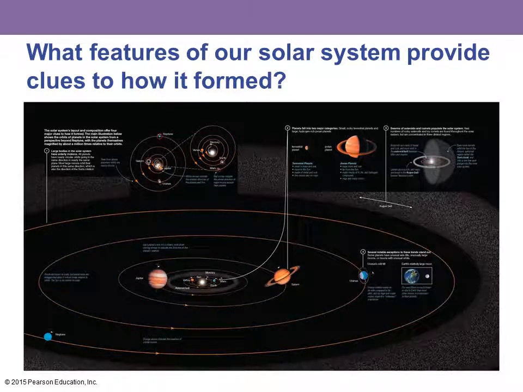So what are the features of our solar system? Well, as you can see from the picture there, we've got lots of things happening in terms of the planets themselves being part of our solar system, and that solar system eventually coming from what must have been a very large cloud of gas and dust.